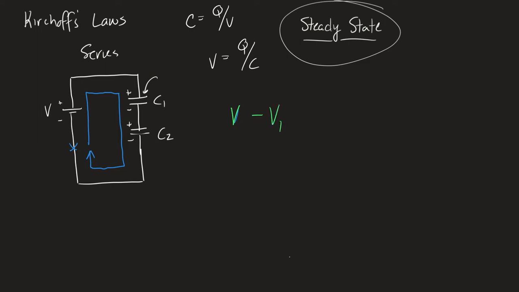So I'll put a 1 at the bottom to remind me this is referring to capacitor 1. And then I'm going to subtract voltage 2, because I go through one capacitor, and then I go through another capacitor. And now I am back to my start, so that has to equal 0.